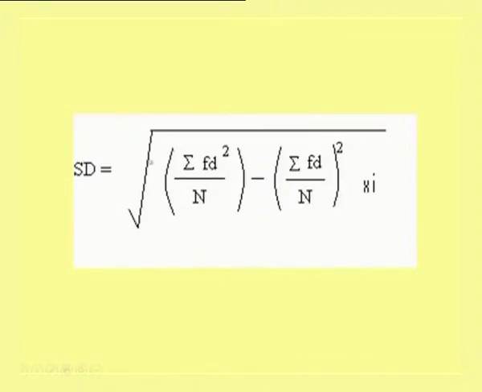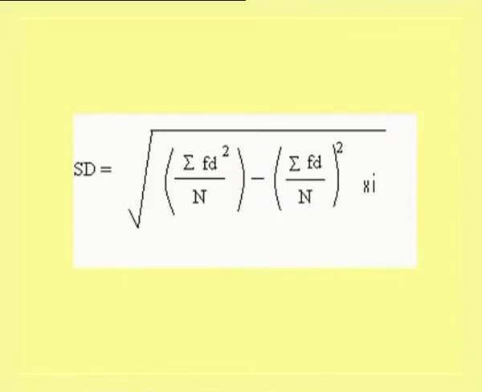It is the square root of summation f d square by n minus (summation f d by n) whole square, into I, where all the terms have their corresponding meaning and significance: I is the class interval, f is the frequency, d is the deviation, n is the total number of terms, and so on.